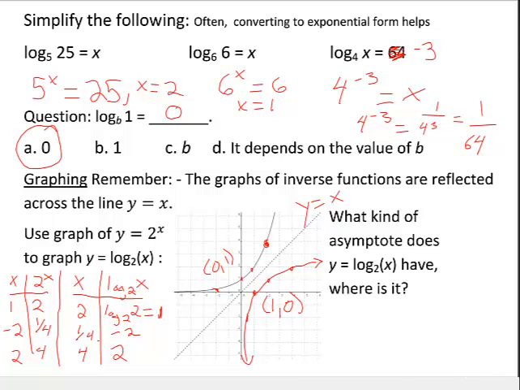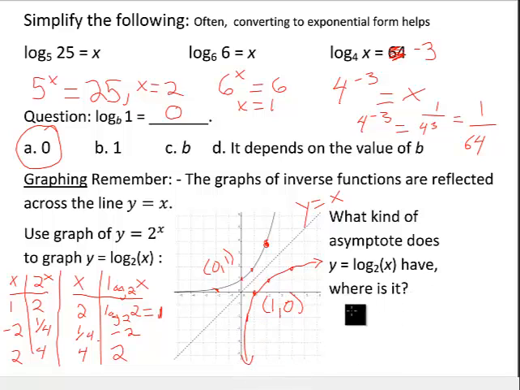You can sort of see that's the case. The exponential function here looks like it got flipped over that line to land right there. Remember we had a horizontal asymptote way up here because this gets closer and closer. When it gets flipped over, now we get an asymptote as it goes down this way.